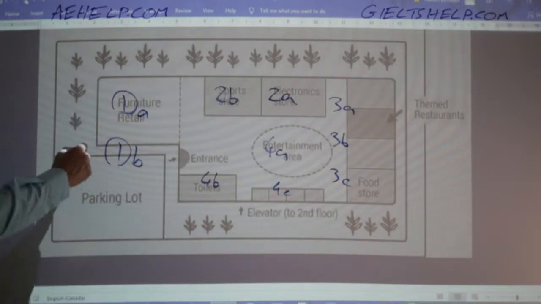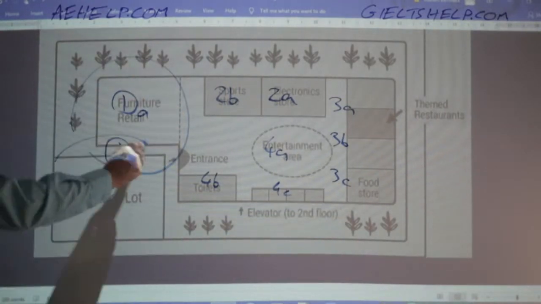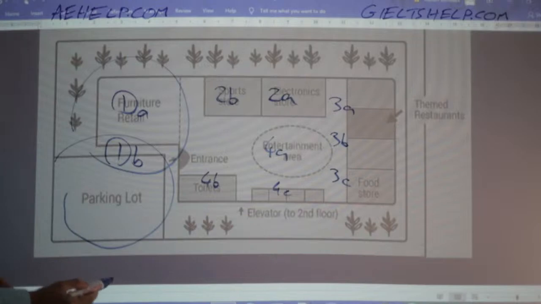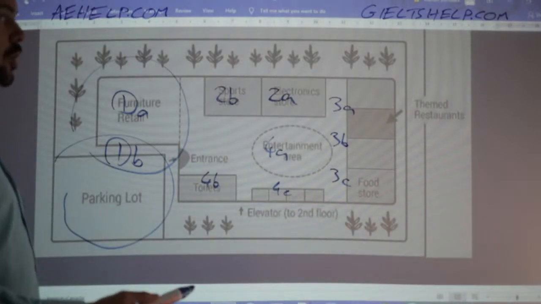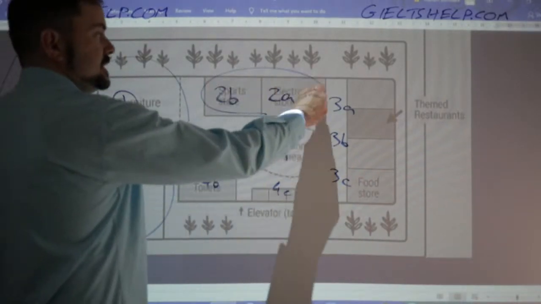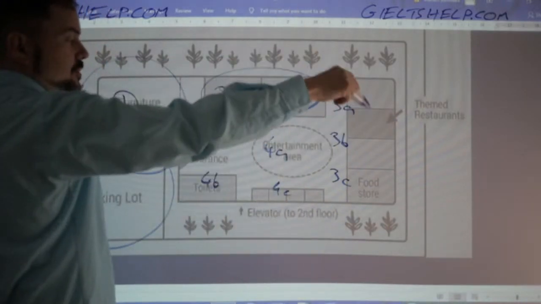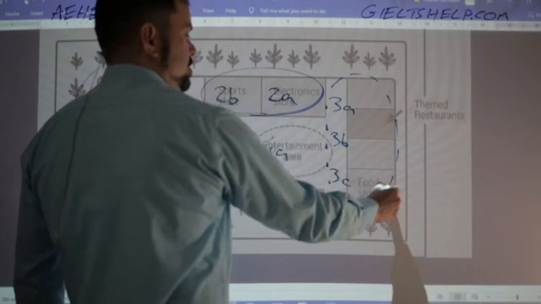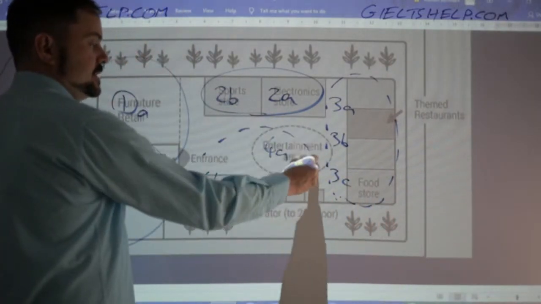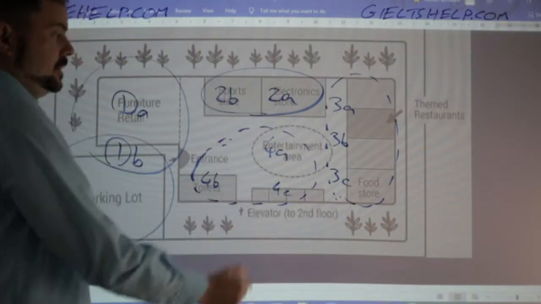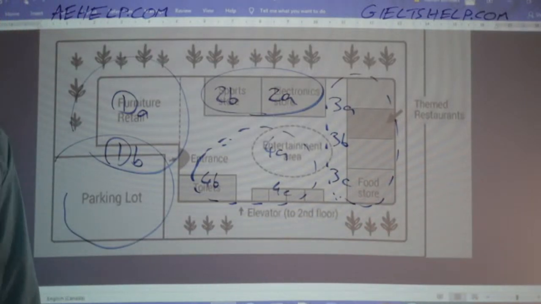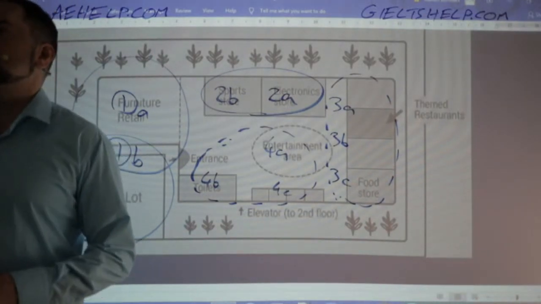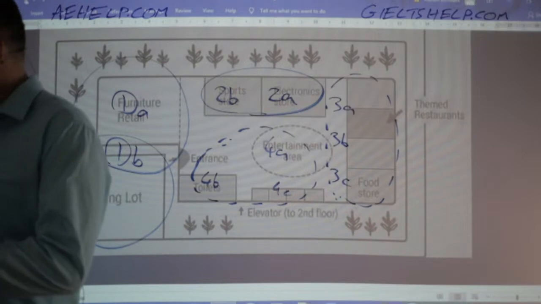So always start with the ones that are visually the largest changes, okay? And then go to the ones that are the second largest. I can circle that other area there. And then the third largest, and then ones that are similarities, I would do fourth, okay? So hopefully that makes sense for everyone.